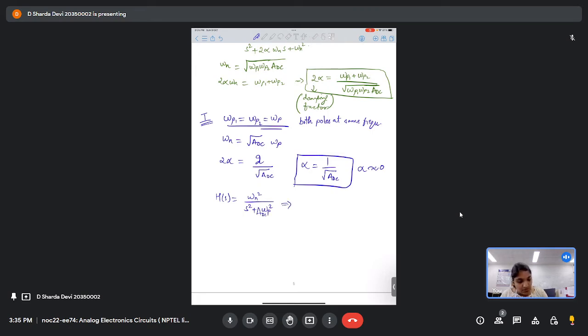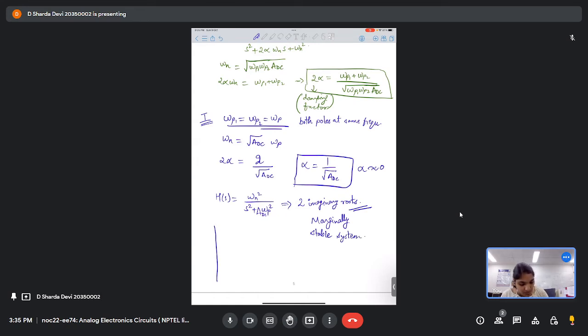So this will give us 2 imaginary roots. When we have 2 imaginary roots, that means it is a marginally stable system.